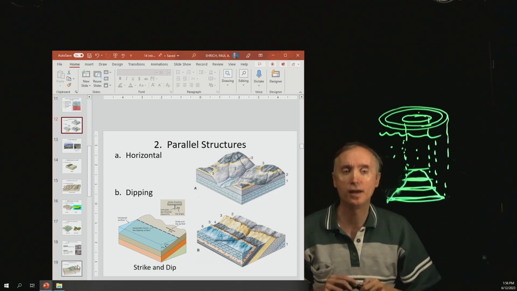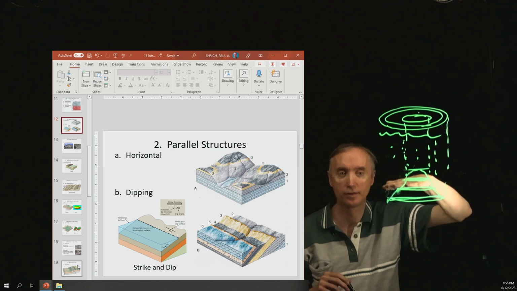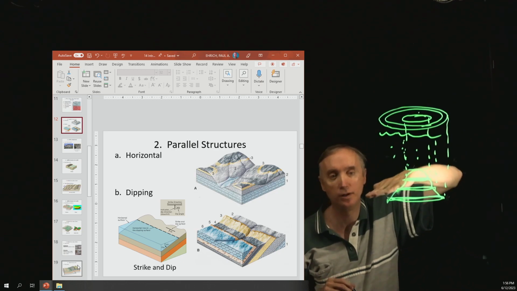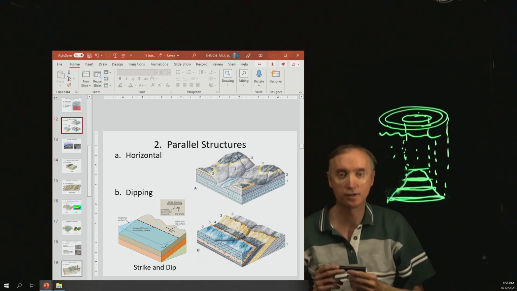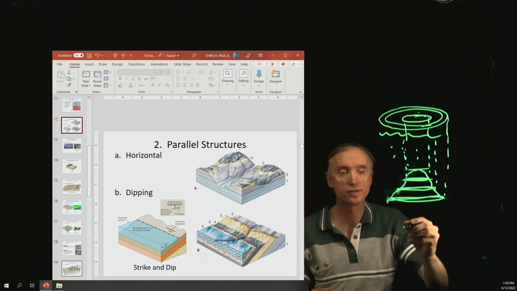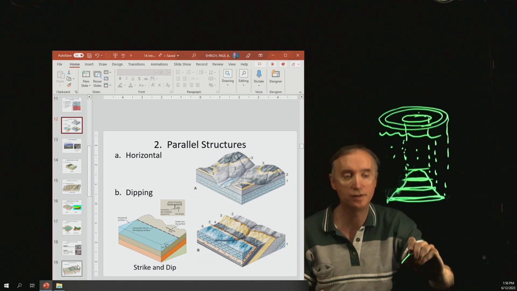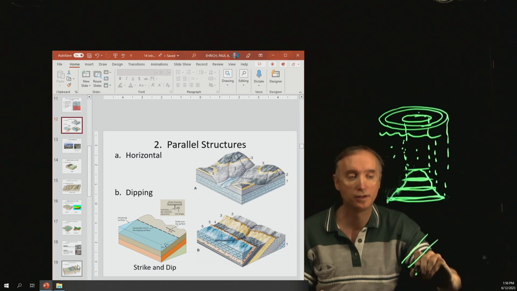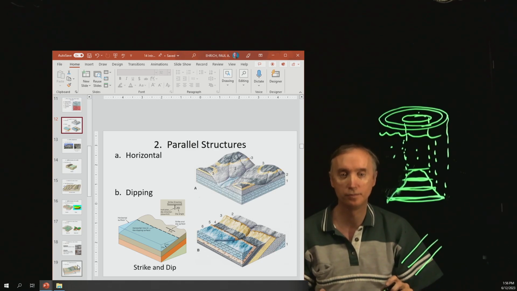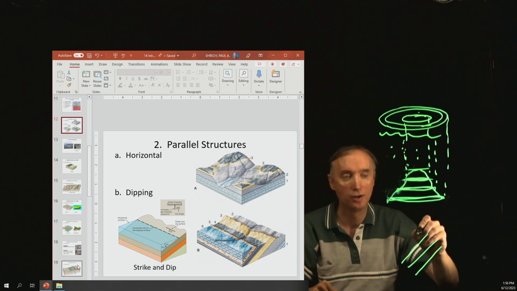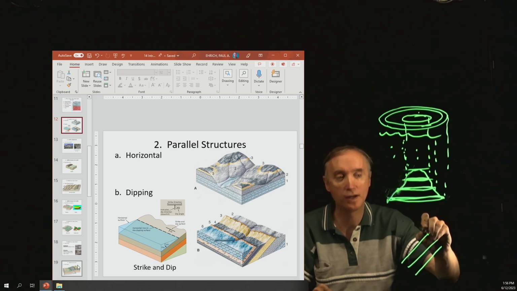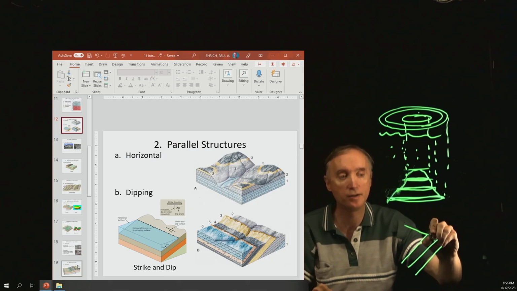Now what about if you had a horizontal bed like this, and now let's say that we tilt it? What's it going to look like? From the sideways view, it's pretty easy to see that you've got your tilted beds. But what's it going to look like from the top-down view? Well, this time it's going to make a series of stripes.